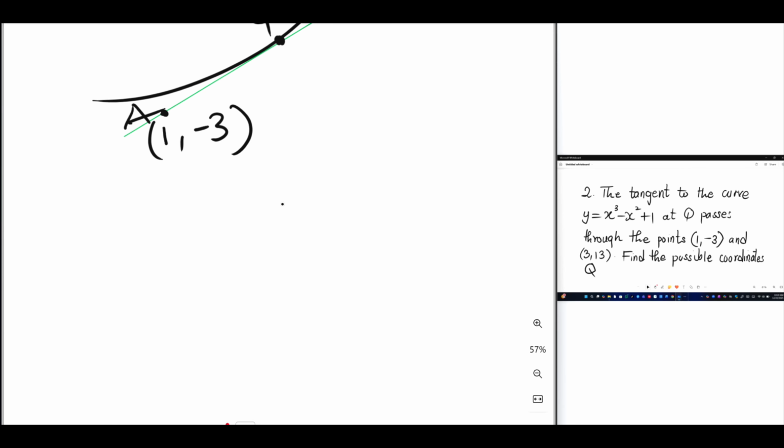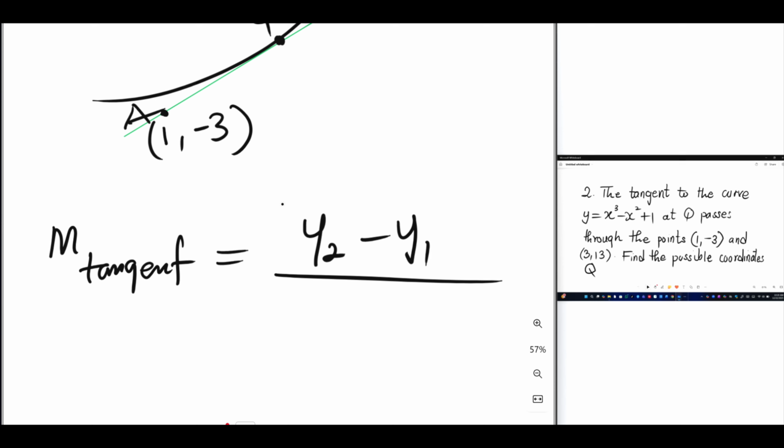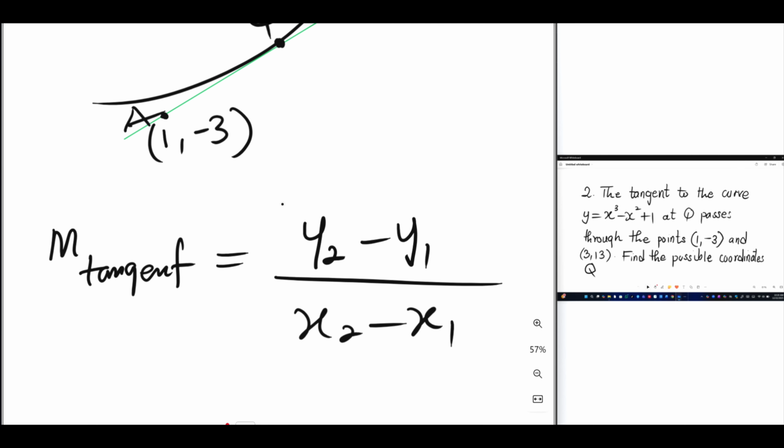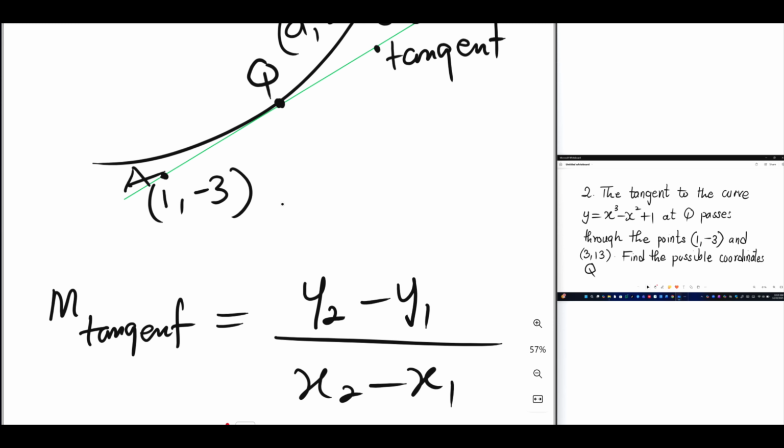So our gradient, m, of the tangent will be equal to y2 minus y1 divided by x2 minus x1. All right. So let us see what we'll be getting as the gradient of the tangent.